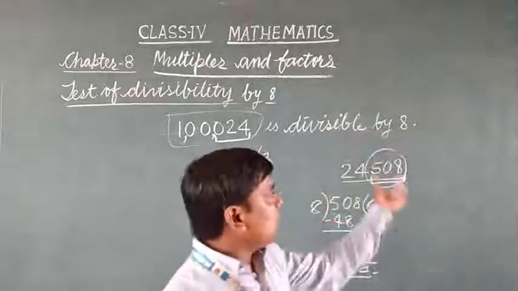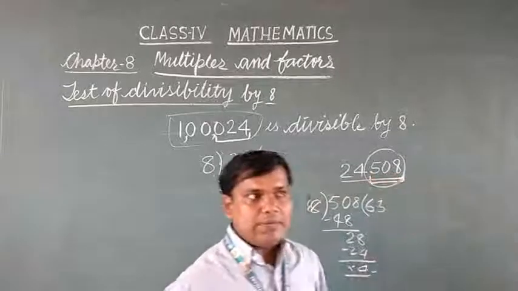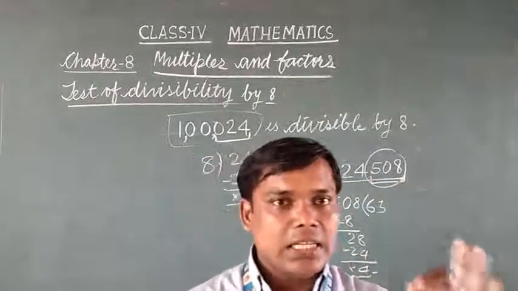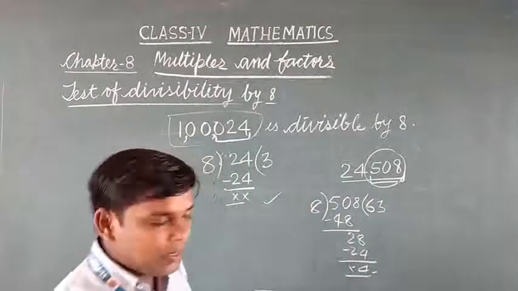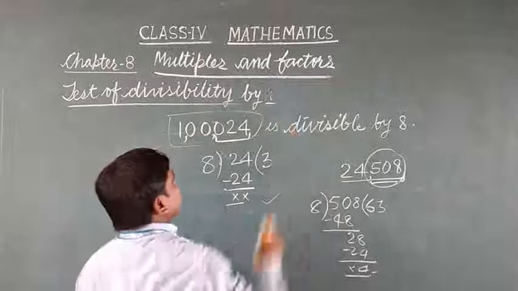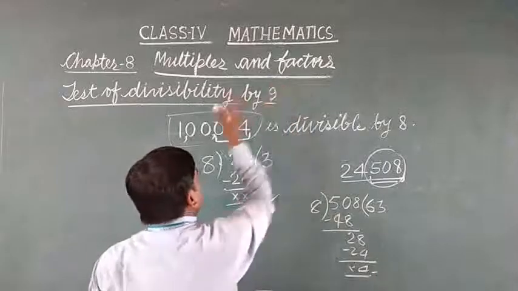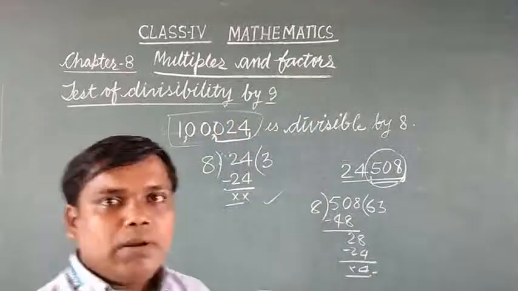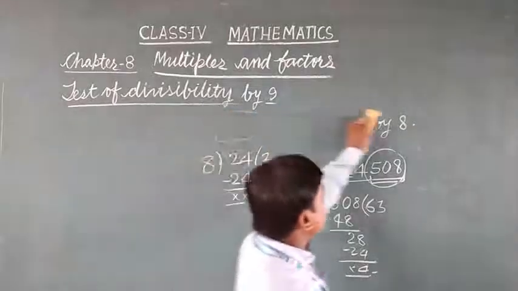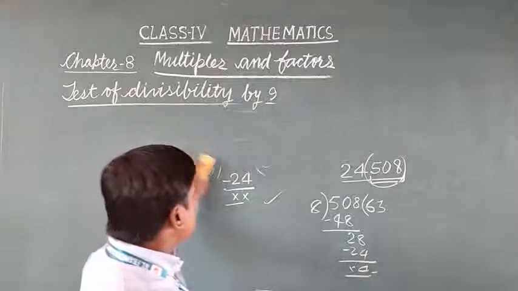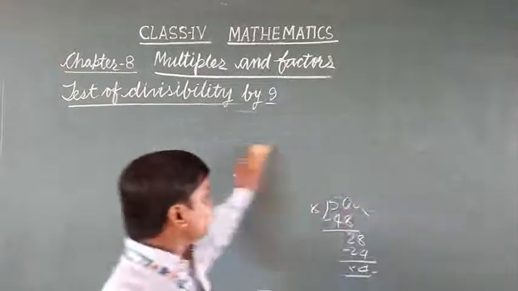And if the last 3 digit number will be divisible by 8, then we can say that the number is divisible by 8. Now we will read test of divisibility by 9. A number is said to be divisible by 9 if and only if the sum of its digits is a multiple of 9.